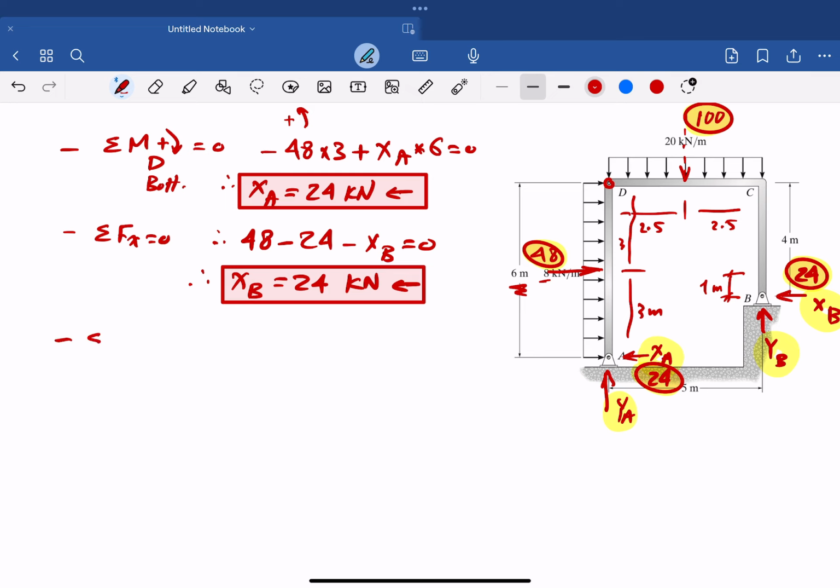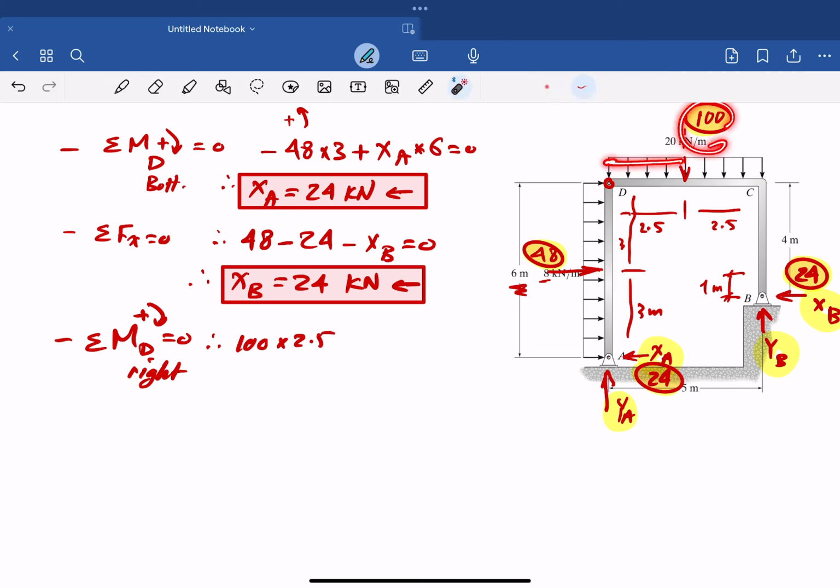Let's do that. So taking a moment at D, but for the right part, equals to 0. Let's assume again clockwise is positive. Then 100 times 2.5, which is this one, plus 24 times 4 meters, minus YB times this distance, which is 5 meters, all equal to 0.